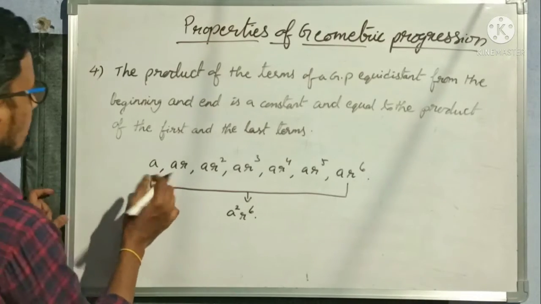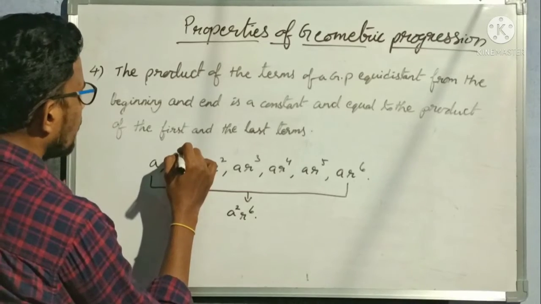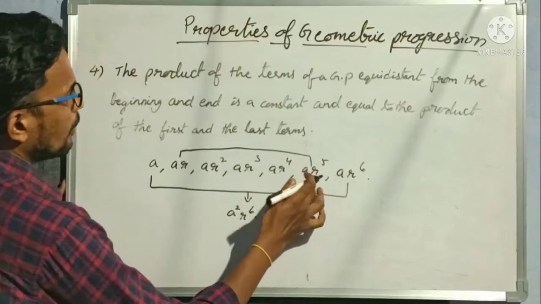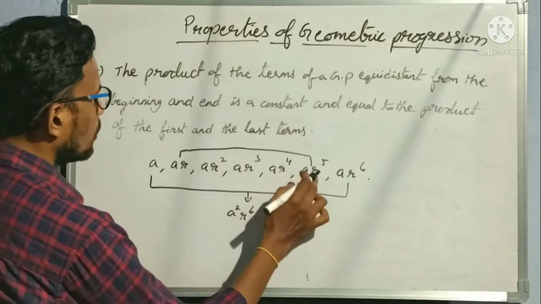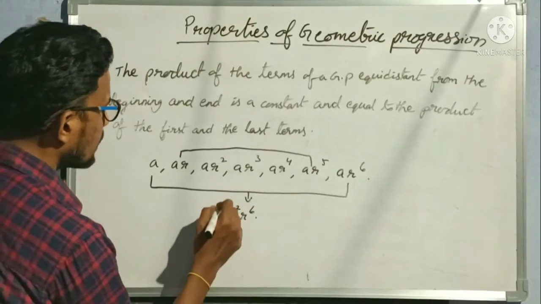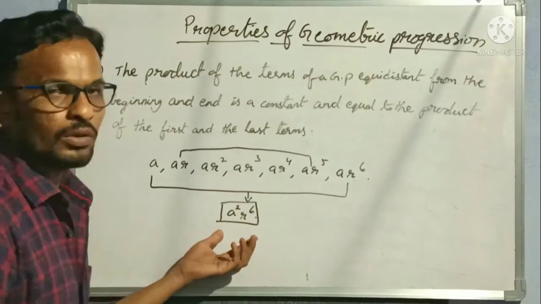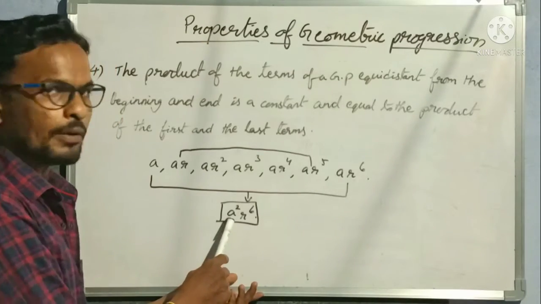So equidistant means from the first and the last, from the second and the last but one, from the third and the last but two from the end also. If you take here also, A into A becomes A square, R into R power 5 becomes R power 6, right? The same constant value we are getting here also. Understood? So A into AR power 6 is A square R power 6.